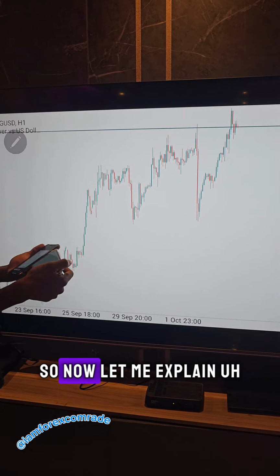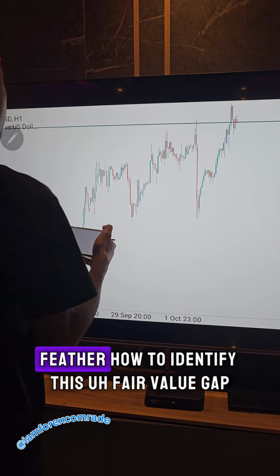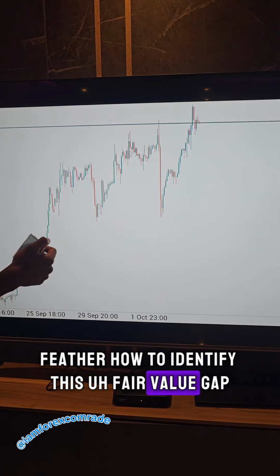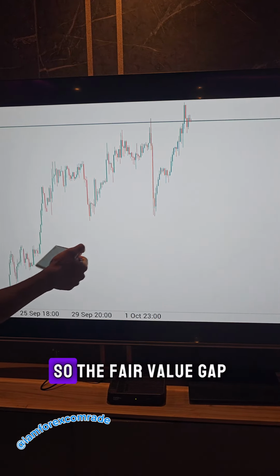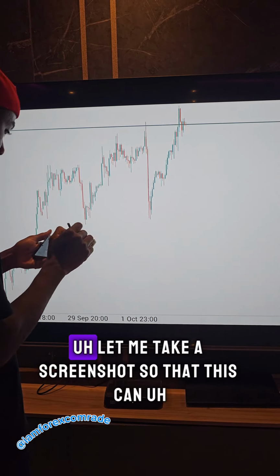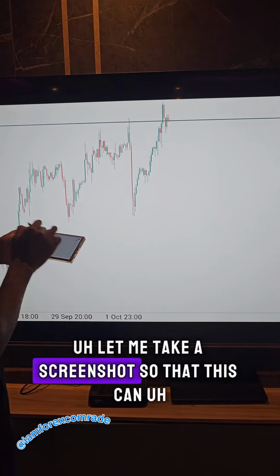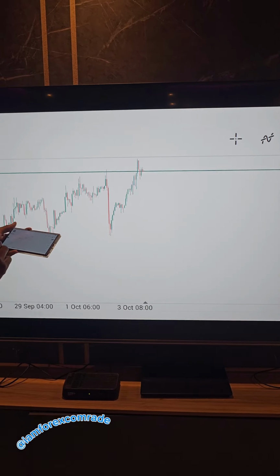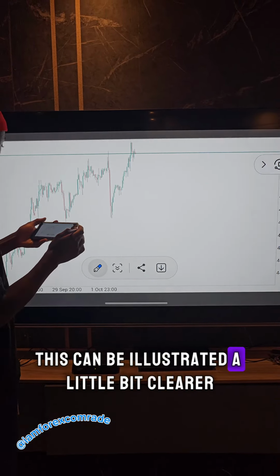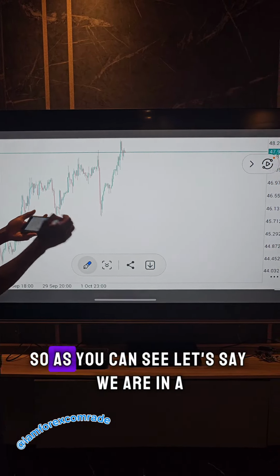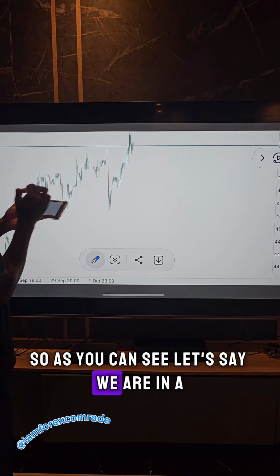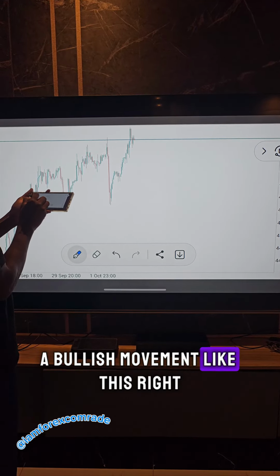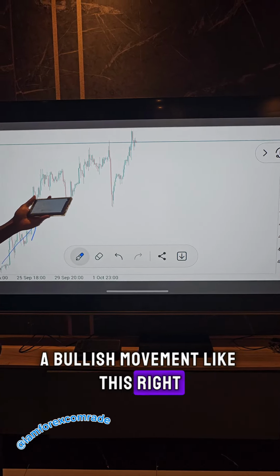So now let me explain further how to identify this fair value gap. Let me take a screenshot so that this can be illustrated a little bit clearer. So as you can see, let's say we are in a bullish movement like this, right?